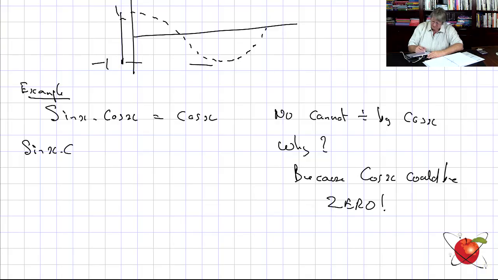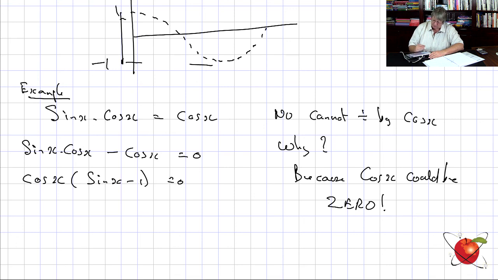So therefore we would say sine x cos x minus cos x equals 0. Can you see a pattern? We're doing exactly what we did before with equations. And highest common factor, cos x, leaving us with sine x minus 1 equals 0.